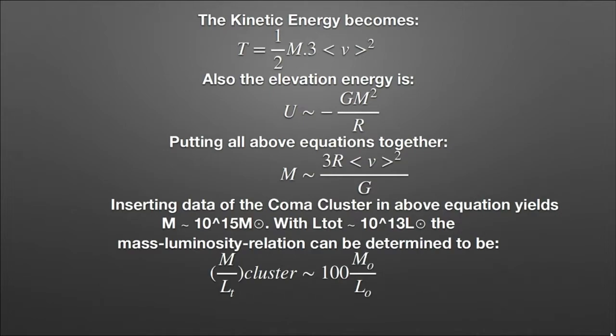When we insert the data of the Coma cluster in the above equation, the mass is 10 raised to power 15 solar masses, and the total luminosity is 10 raised to power 13 solar luminosity. When he took the ratio of the mass and the luminosity, it was 100 times more than expected. So he came up with two conclusions.